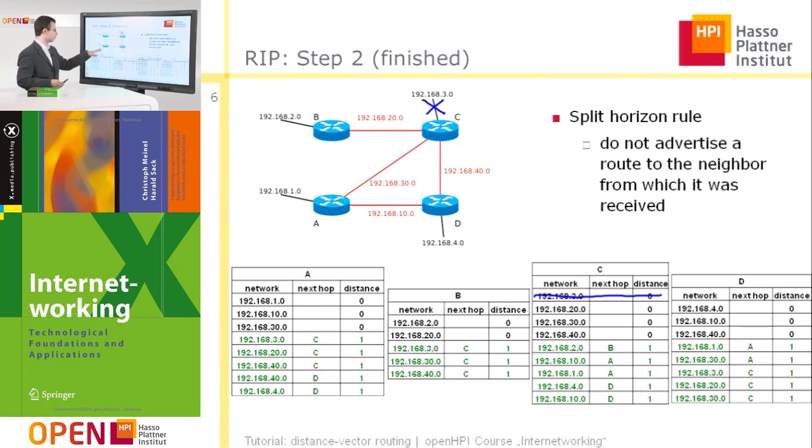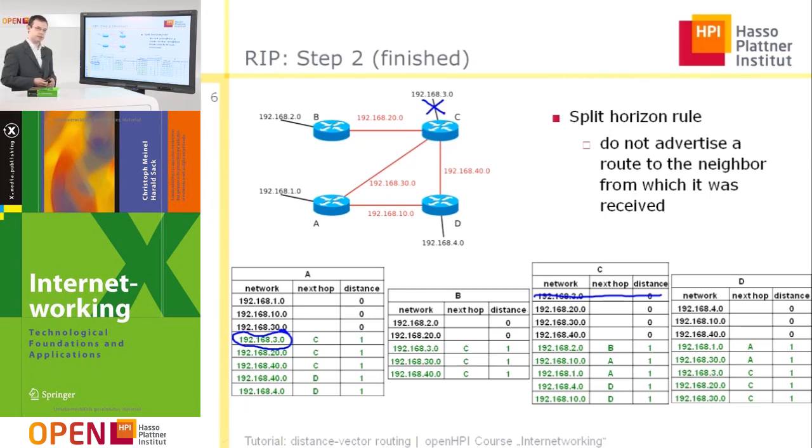However, its neighbor, router A, already has the information about this network that it received during the previous routing table exchange iteration.